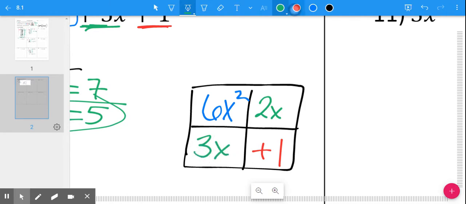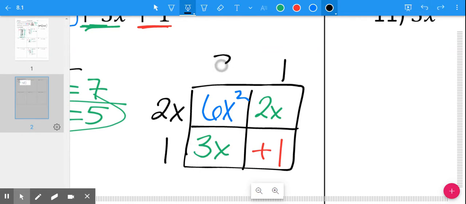So we're looking for two numbers that multiply to make 6x squared, and then 2x, and then 3x, and then 1. I'm going to start with the 1 because the 1 is easiest. The only way to make a 1 is to do 1 times 1. So how do I make a 1 into a 2x? I multiply by 2x. How do I make a 1 into a 3x?